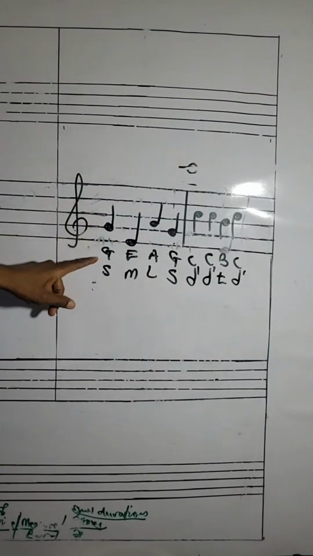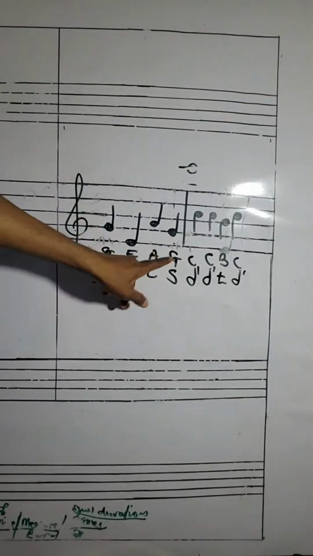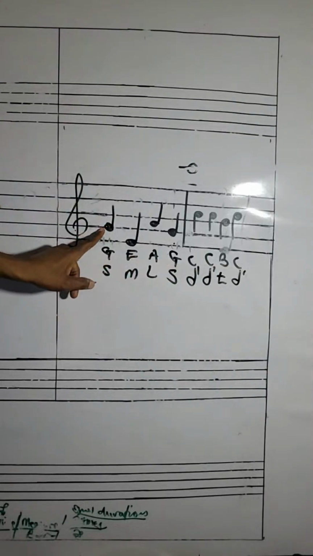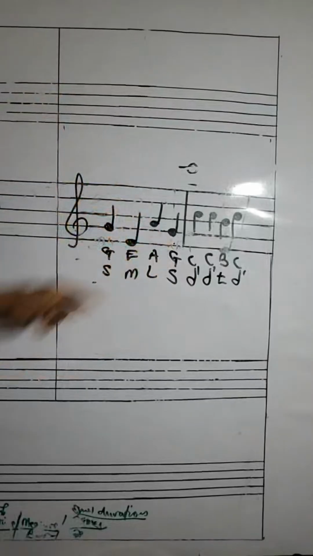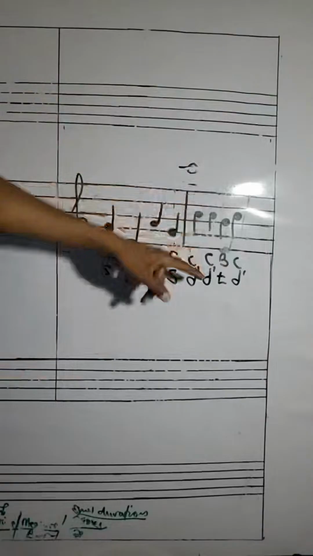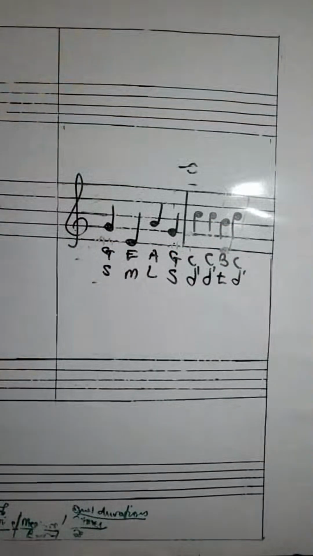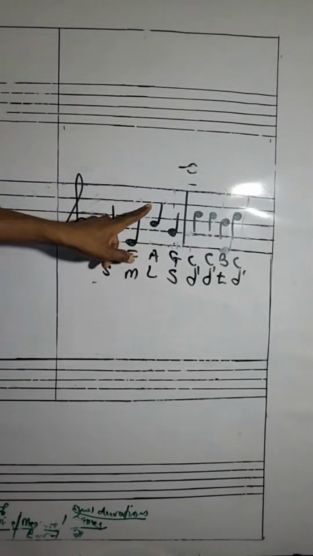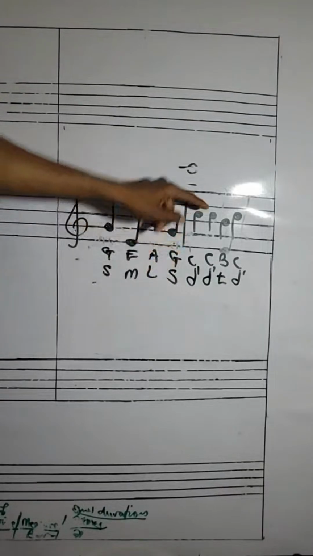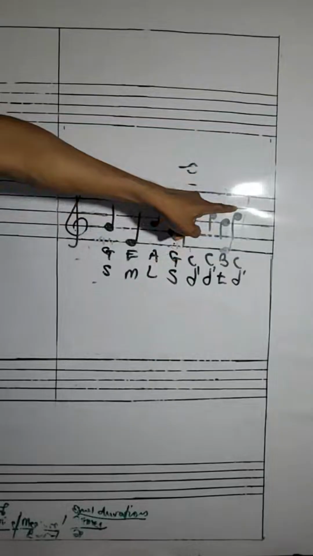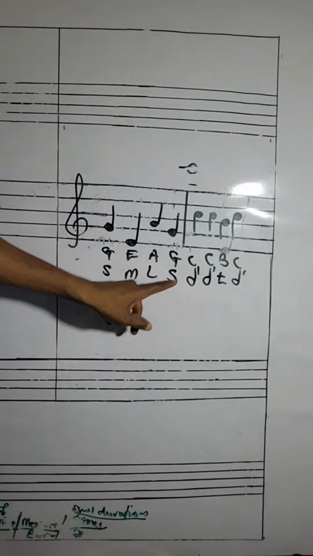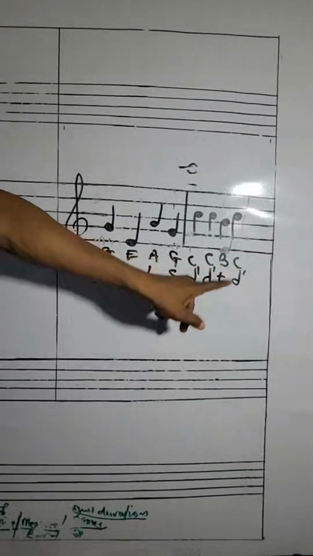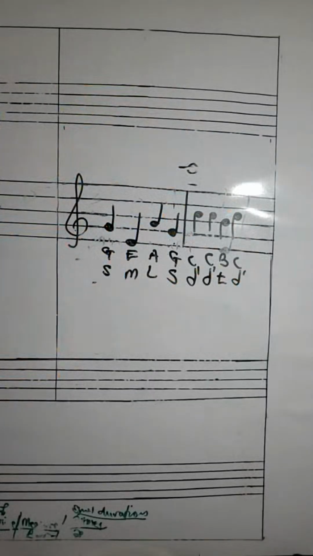So you see what we have here already. G, E, A, G. That is G first, E, A, G. Then here we have C, C, B, C. G, E, A, G, C, C, B, C. So, mi, fa, sol, do, ti, do.